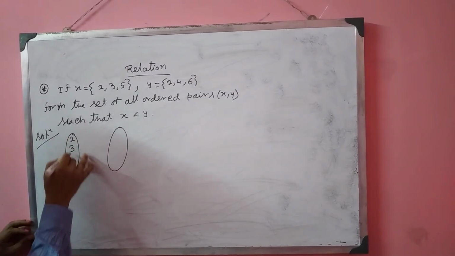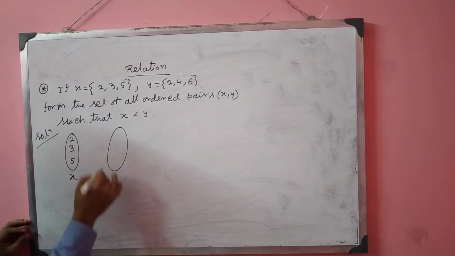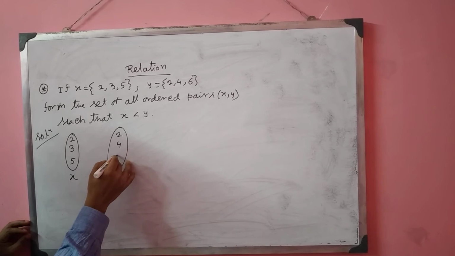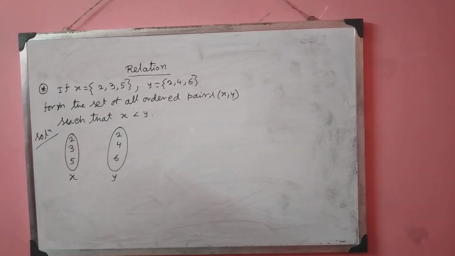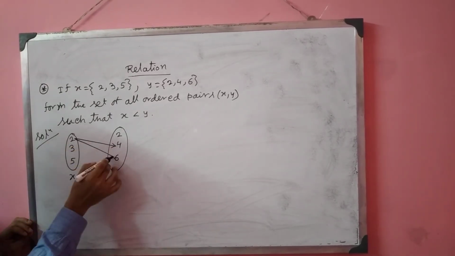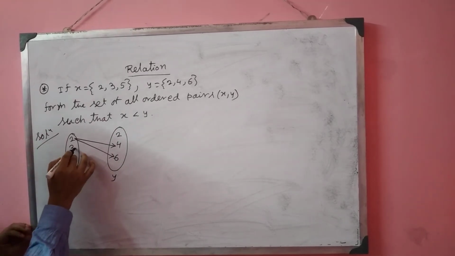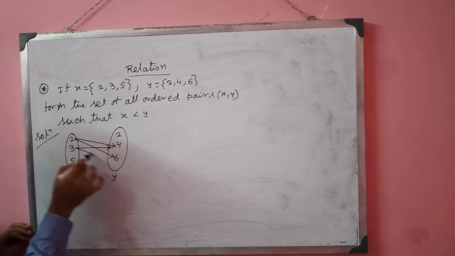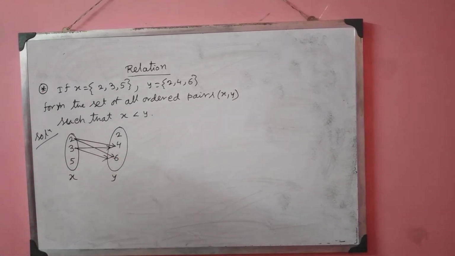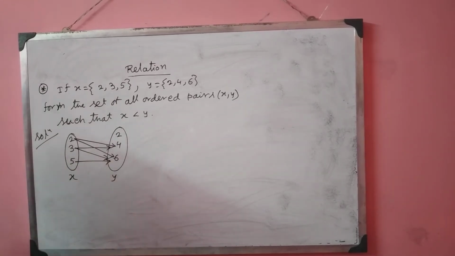x is {2, 3, 5}, this is x, and this is y {2, 4, 6}. Here x is always less than y, so 2 is less than 4, 2 is less than 6, having a relation. 3 is less than 4, 3 is less than 6, having another relation. 5 is less than 6, so 5 and 6 is another relation.